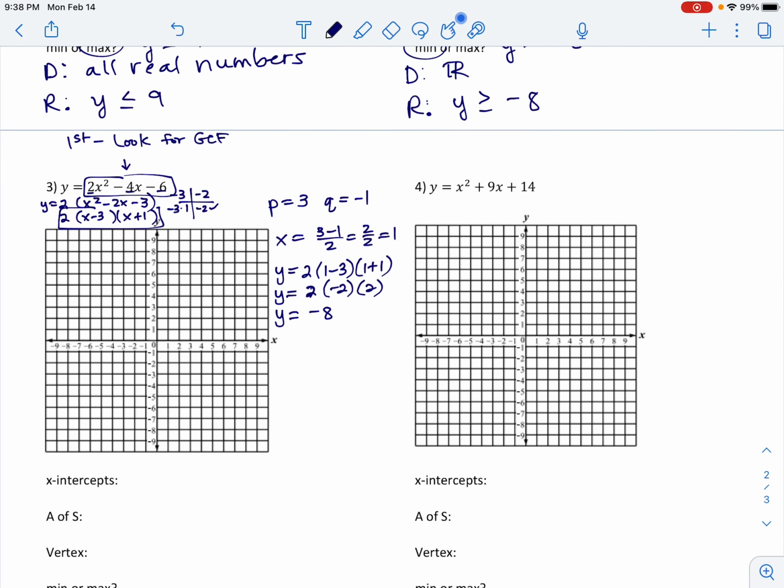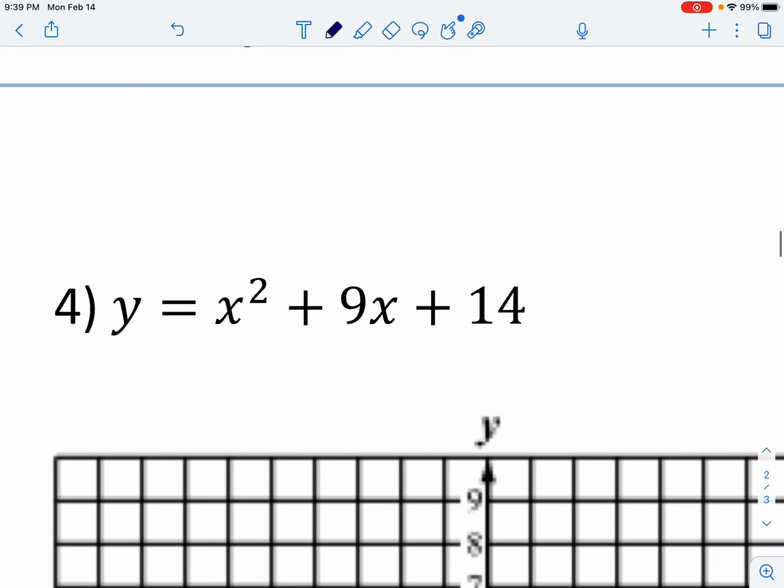Number 4, we're going to skip through that one. We're just going to do the factors, and then we're not going to go through the rest of that because you guys already have the rest of that down pat. You should already know the axis of symmetry and the vertex and how to find all of that. So let's just factor this one. Y equals.